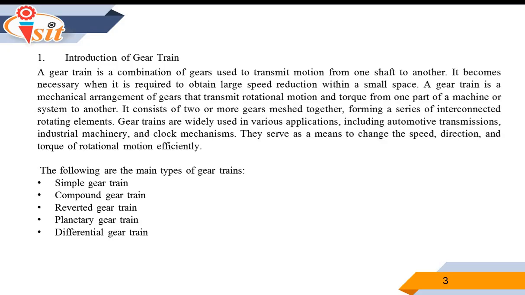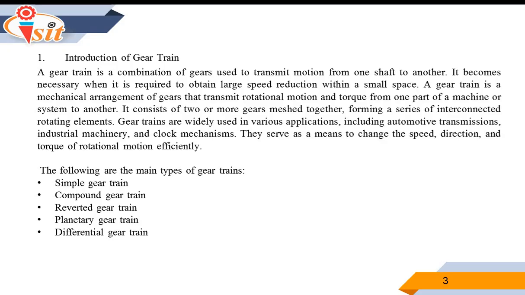Gear trains are widely used in machines where a specific speed ratio, torque transmission or change in direction of rotation is required. Since gears mesh directly with each other, they provide a positive drive without slipping, making them more accurate and efficient than belt or rope drives.